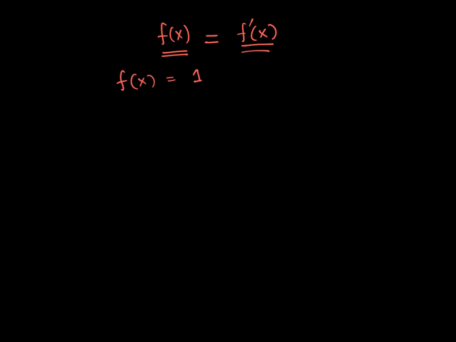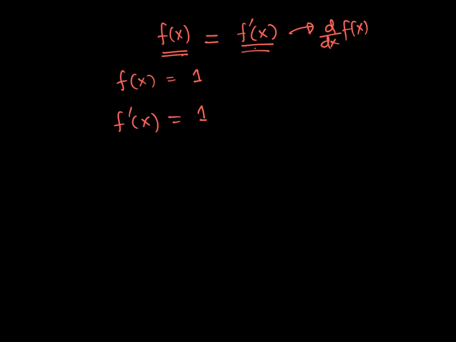So as we said, f of x must be equal to f prime of x. F prime of x simply means dy by dx of f of x. This is just another notation to write dy by dx. So if f of x is equal to 1, then I can say that f prime of x must also be equal to 1, because we are saying that this and this should be equal, right?